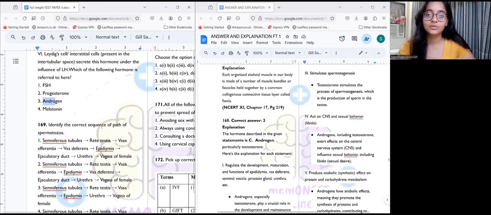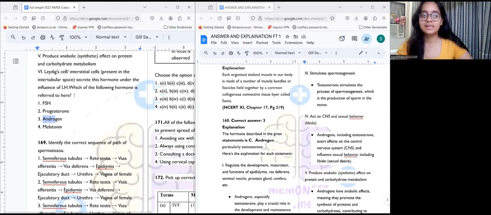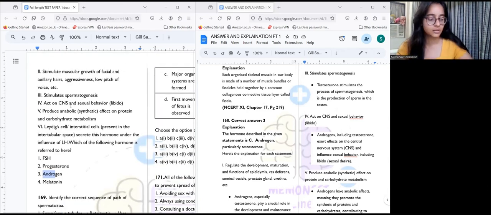But as of now, what I'm focusing on is to clear as many concepts as possible and to give you tips and tricks to solve questions easily, right? So in this, we saw that all of the questions were related to males, and we could see spermatogenesis, muscular growth, and Leydig cells. So we related it to androgens. Okay, let's move on to the next question.